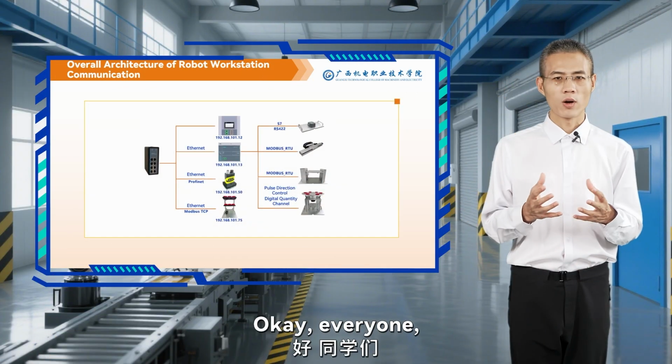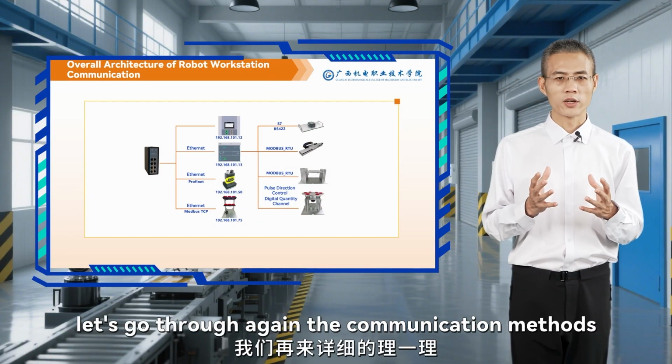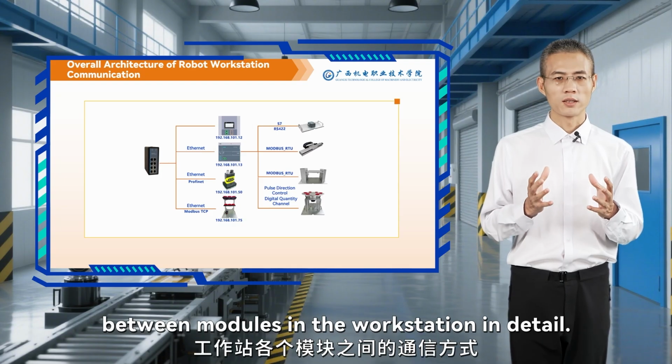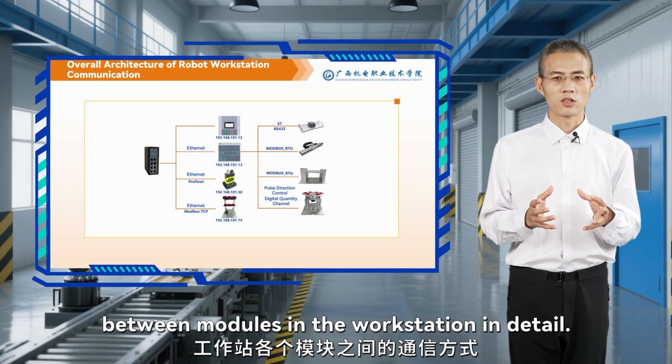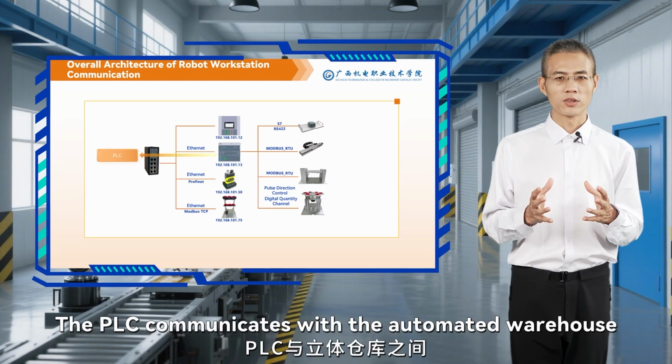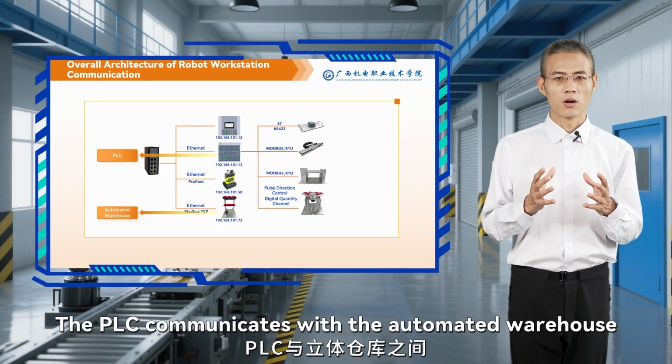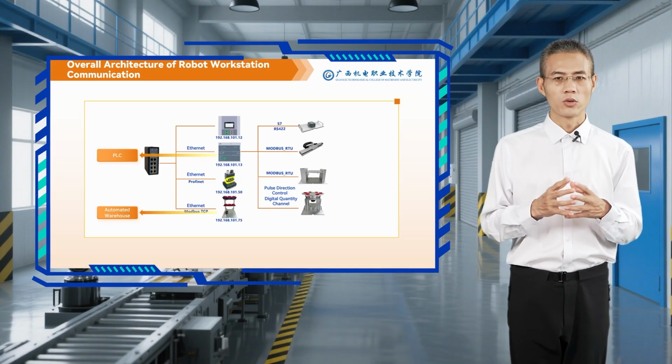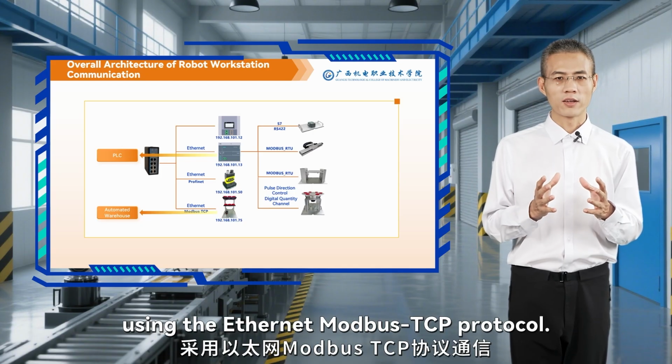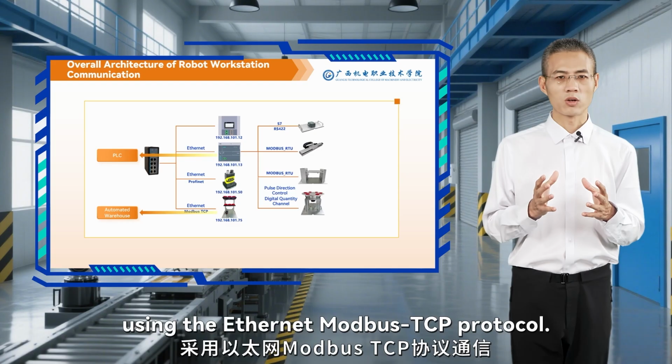Okay, everyone, let's go through again the communication methods between modules in the workstation in detail. The PLC communicates with the automated warehouse using the Internet Modbus TCP protocol.